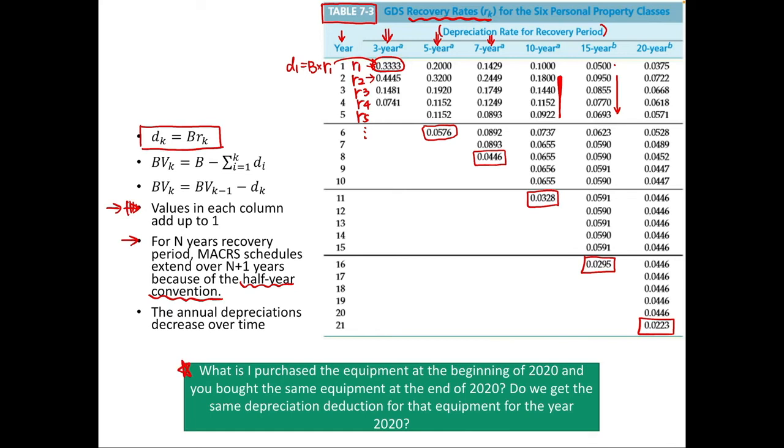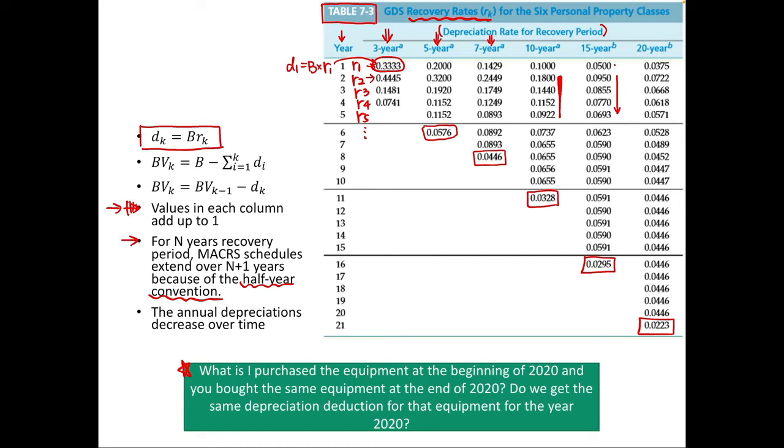So think about that. Sometimes a company or a business can purchase equipment at any time of the year, right? You can purchase it at the beginning of the year, maybe I would purchase it at the end of this year, and somebody else would purchase something in the middle of that year. So in one year, businesses will purchase things at different time spots.